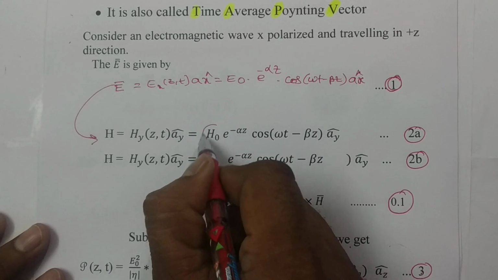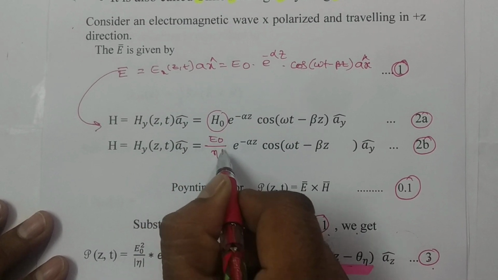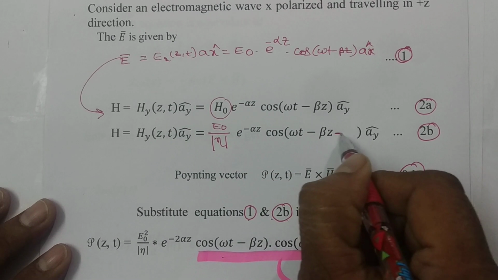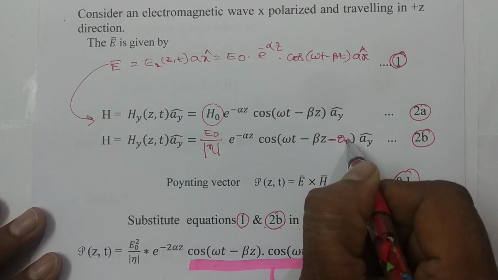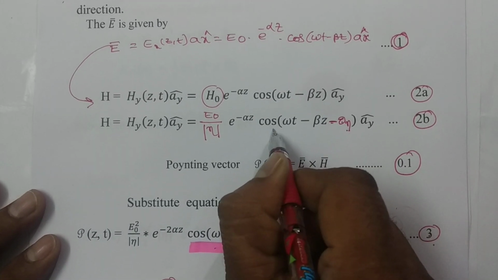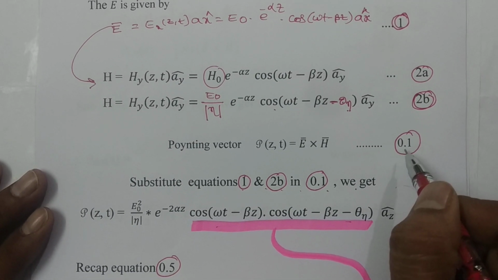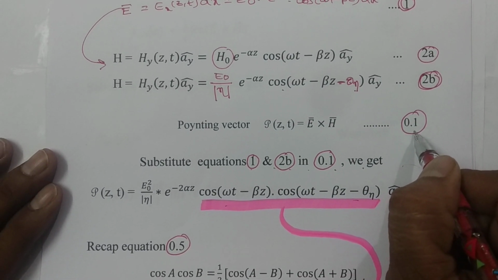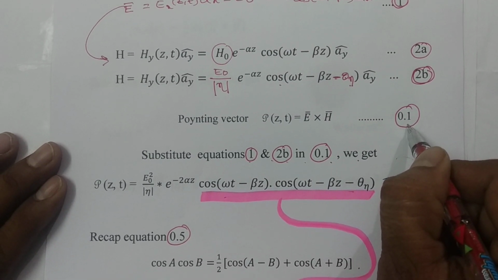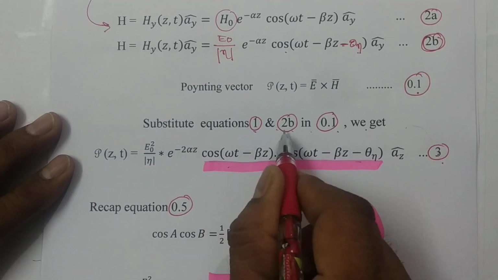Here this particular term can be simplified as E naught by modulus of eta, here angle is minus theta subscript theta kept in cosine term, given in 2b. Poynting vector P of z comma t is equal to E cross H. Substitute equations 1 and 2b.